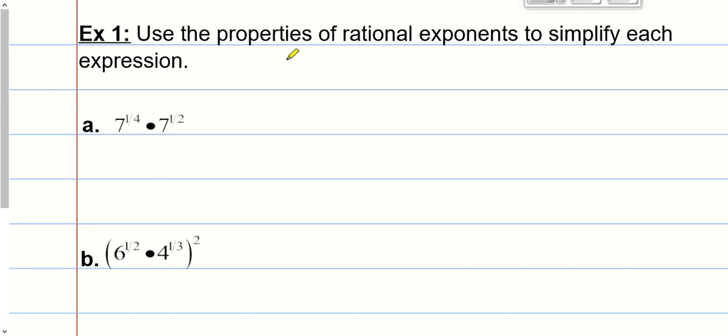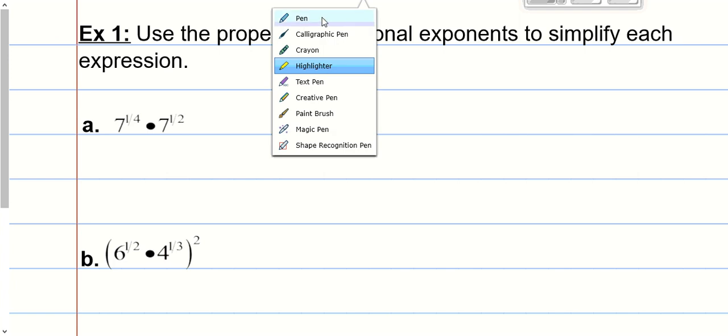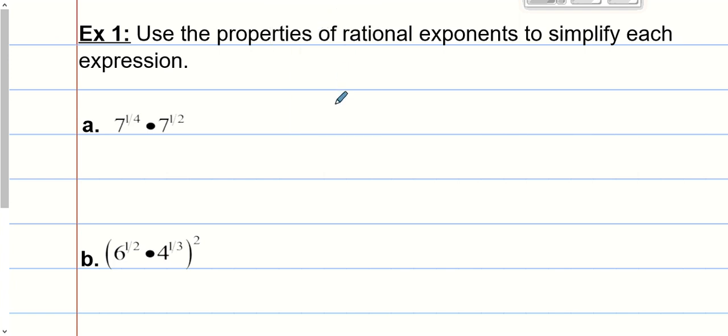Okay, so now let's look at example 1 here. Use the properties of rational exponents to simplify each expression. So if I'm going to do that right here, I've got 7 to the 1/4 times 7 to the 1/2. I am multiplying those bases, so that is going to be my product of powers.